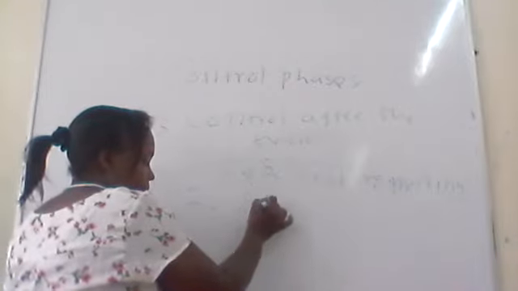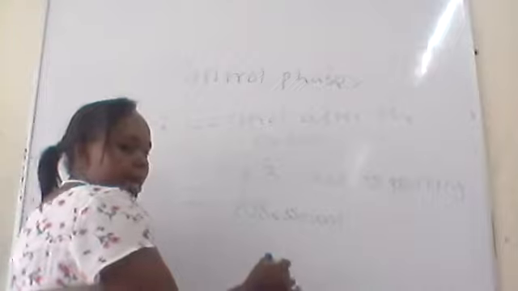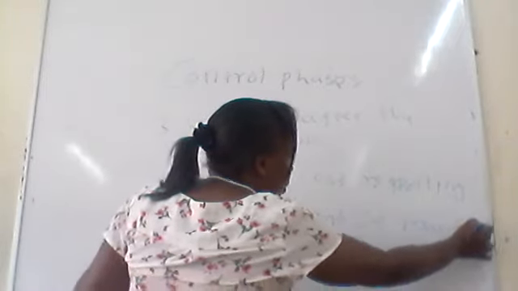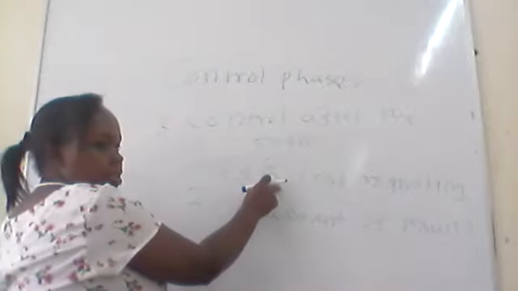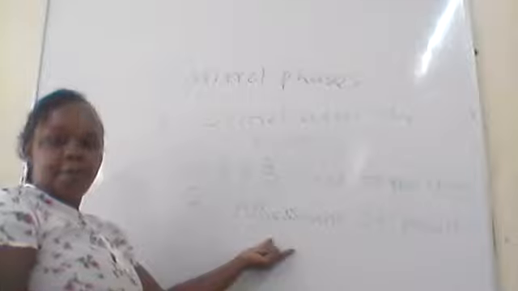Number two, you do assessment of the results. Now, you have gotten the food and beverage cost reporting, and you need to do assessment of the results that you have gotten.